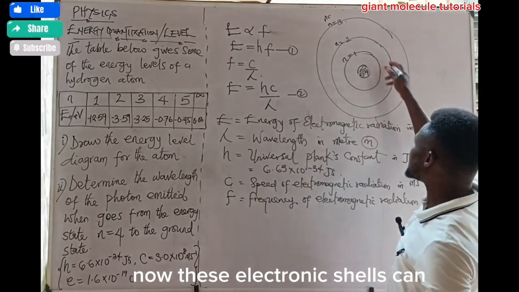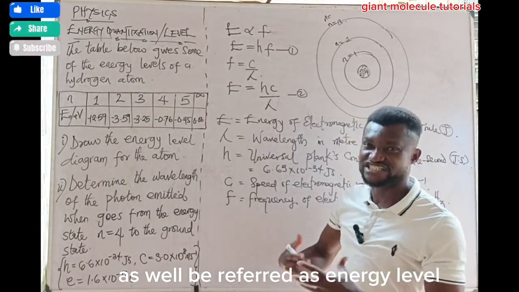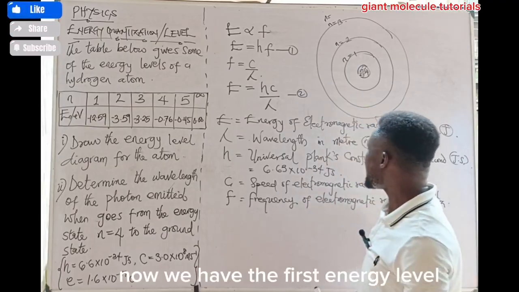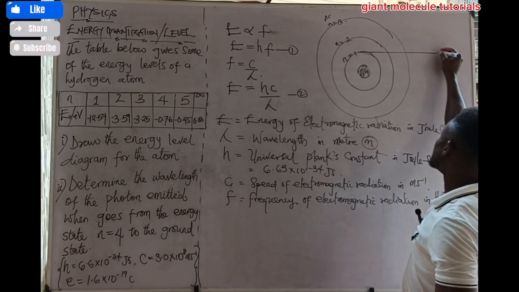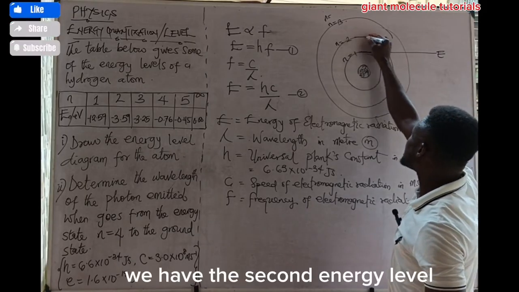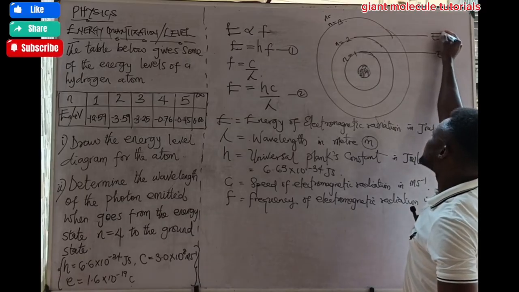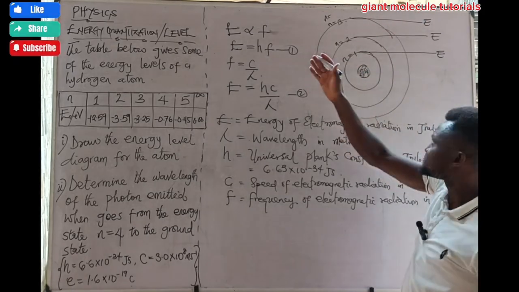Now, these electron shells can as well be referred to as energy levels. We have the first energy level, the second energy level, the third energy level, till infinity.